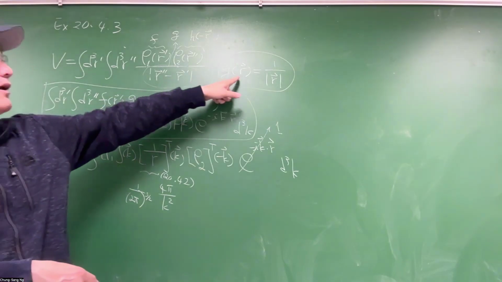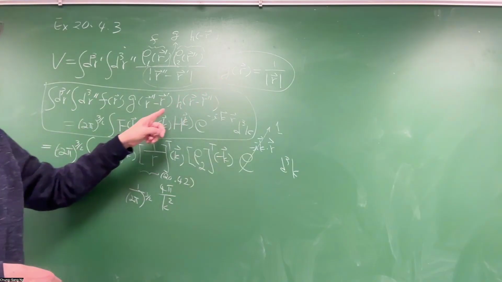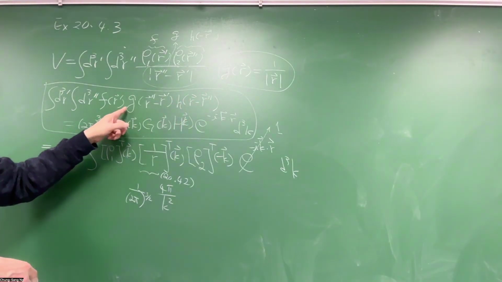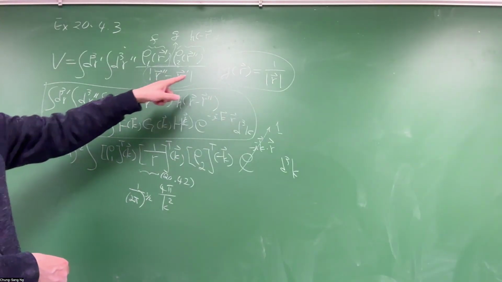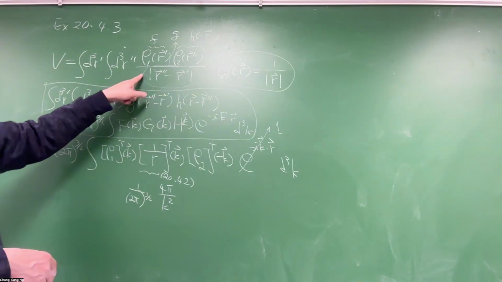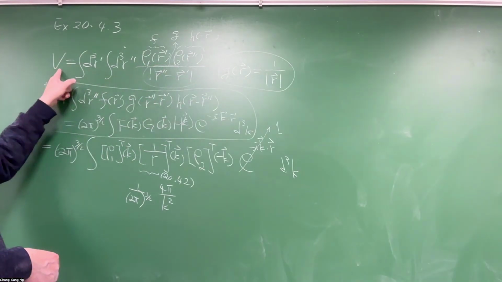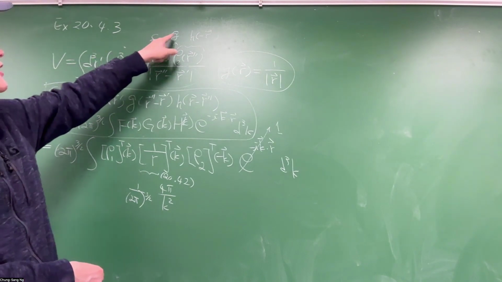No, this is by defining. We define a function g of r so that when you evaluate this function at r double prime minus r prime, it is this factor. So this integral becomes the convolution between f, g, and h.